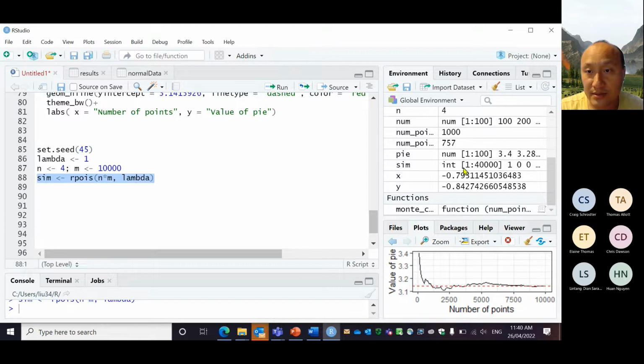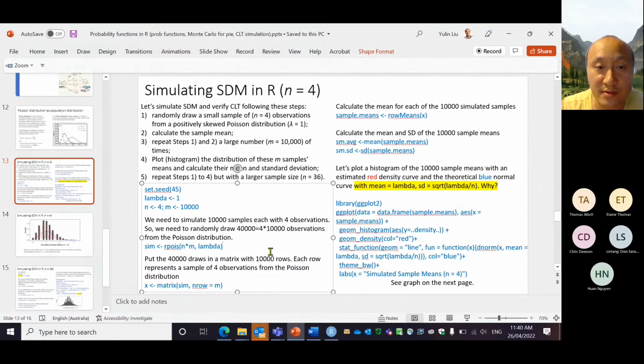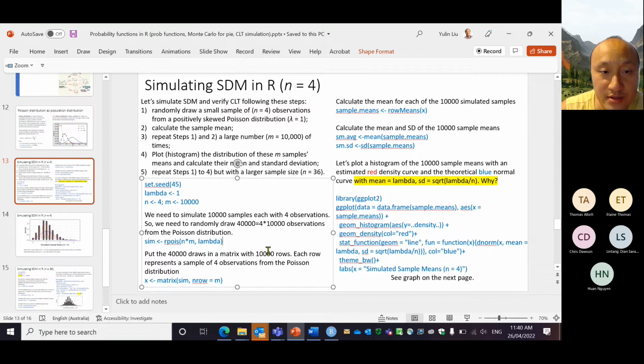All right, we have an object here called sim. It's a vector of 40,000 elements, all randomly drawn from the Poisson distribution with lambda of 1 using the rpois function.